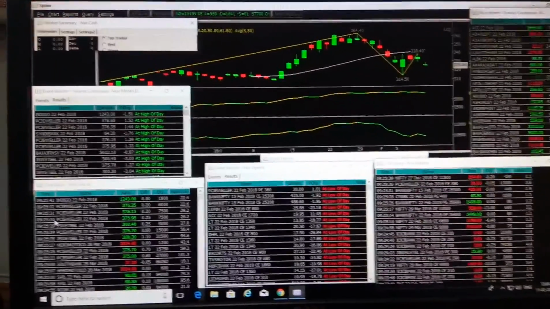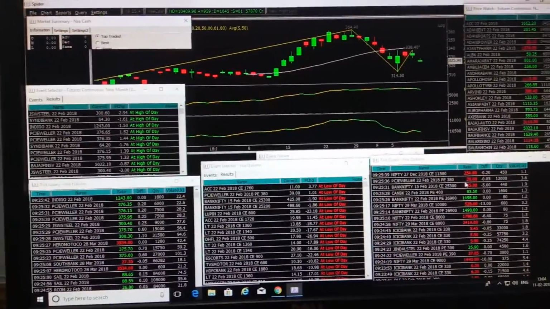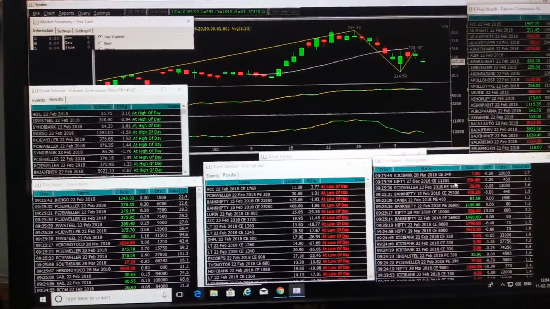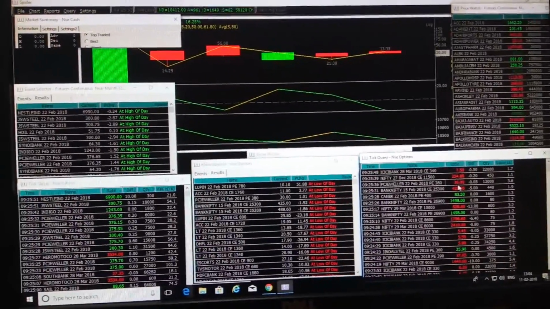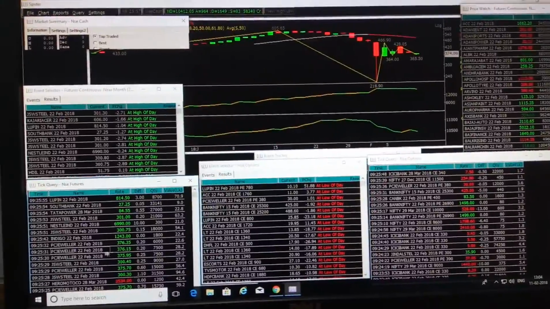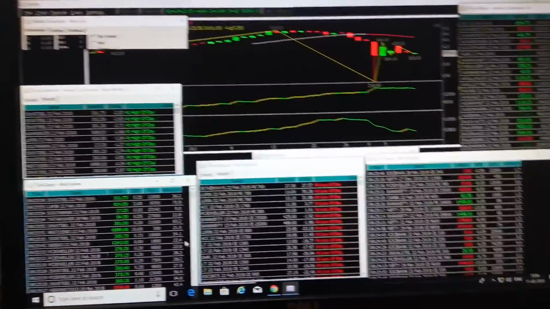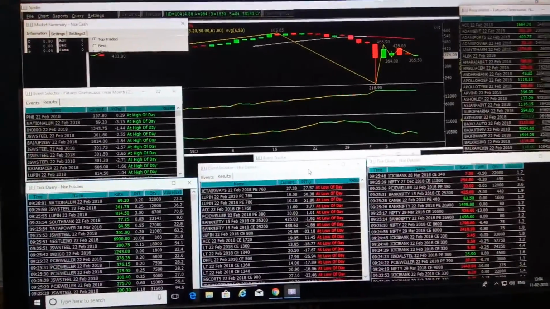Here you can see PC Jeweller at day high. PC Jeweller put option 380 put writing is happening, and PC Jeweller future is trading at 376, which means PC Jeweller will touch 380. This is the simple logic.